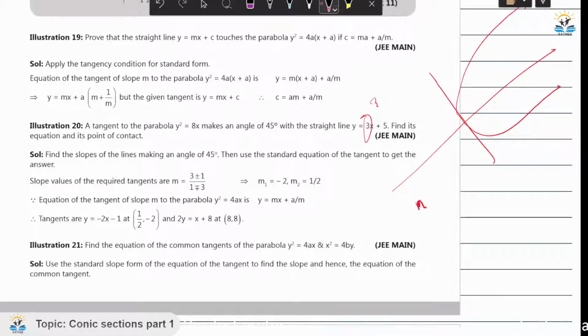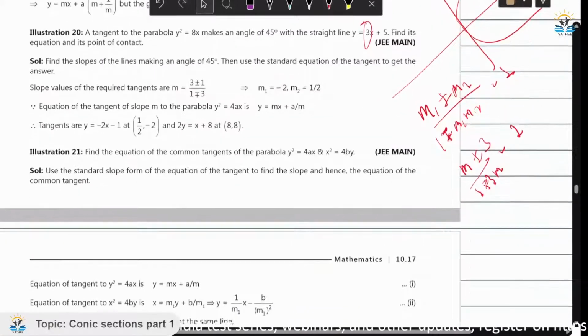The slope m2 minus m1, plus minus, of course, there is always a plus minus. So what do we get? (m1 plus minus m2) upon (1 minus plus m1 m2) should be equal to 1. So (m plus minus 3) upon (1 minus plus 3m) is equal to 1.